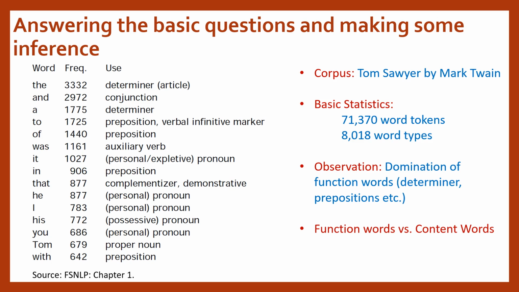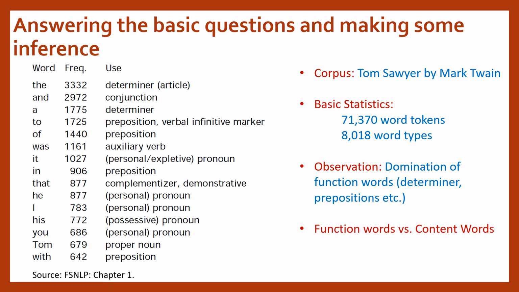But in this particular case, what you see are very few of them. Of course, this is not the complete list of words, but these are the most frequent, about 10 to 15 words.